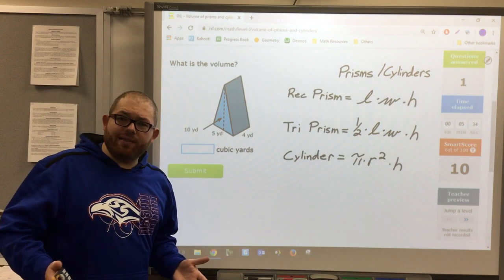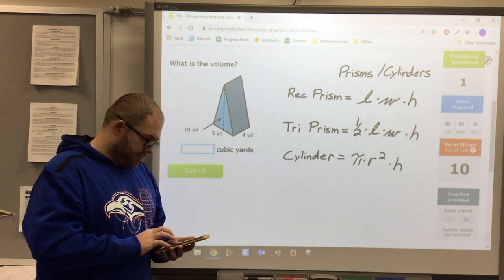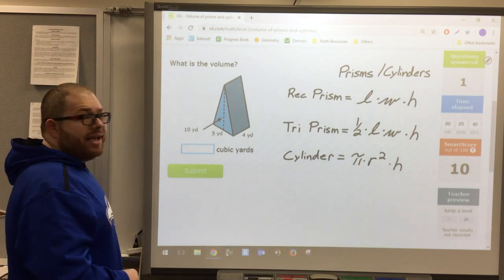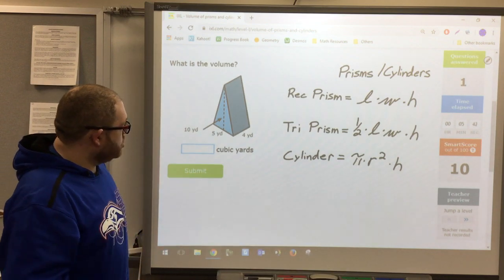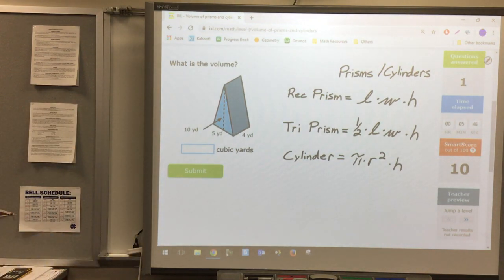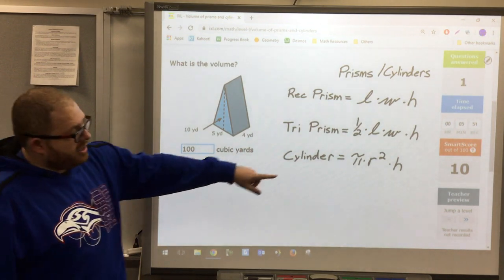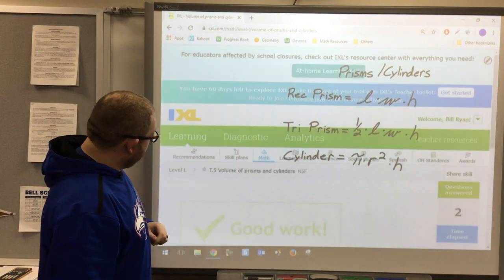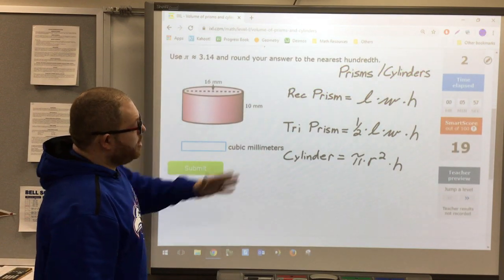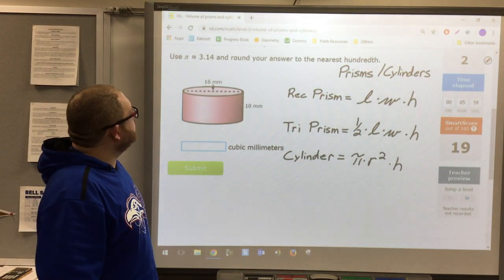Regardless, when I multiply these numbers together, I'm going to get 100 as my answer. So I'm going to type in 100, and we'll verify our score improves. So we are currently at 10. And you can see our score has gone up.